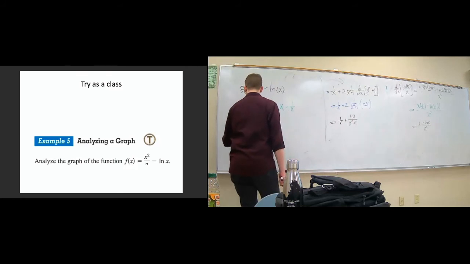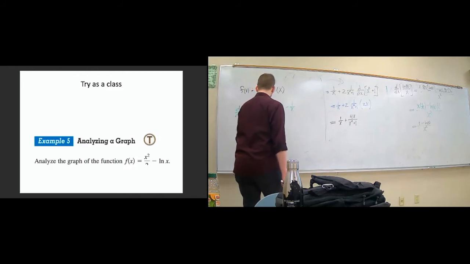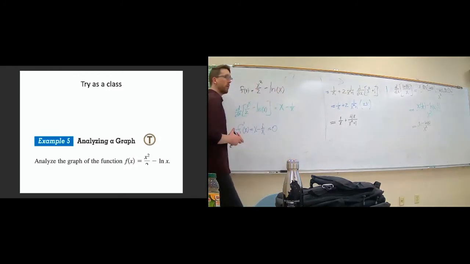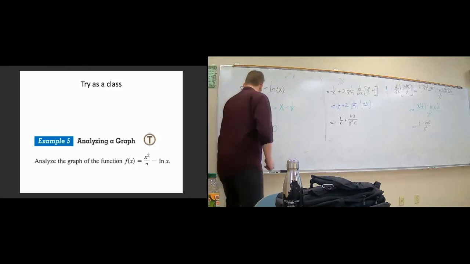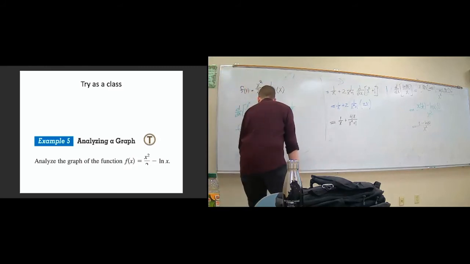F prime of x is equal to x minus 1 over x. Let's set that thing equal to 0. Well, when we add 1 over x to both sides, we get x is equal to 1 over x.